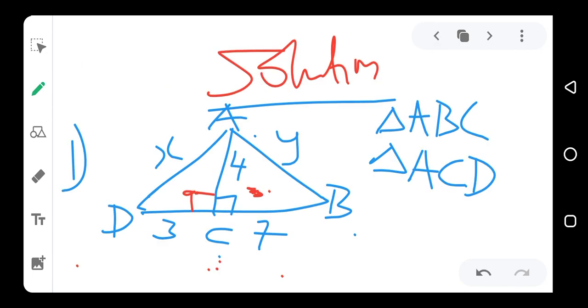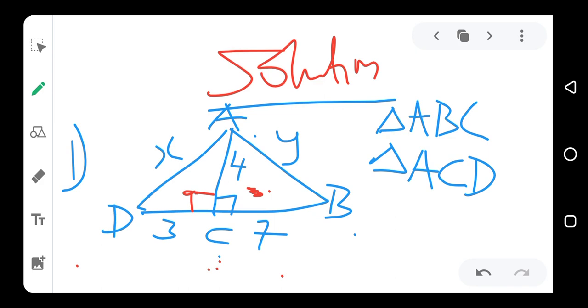For triangle ABC, the side that is facing the angle 90 degrees is called the hypotenuse. For ABC, it is y, or line AB, that is facing the angle 90 degrees.